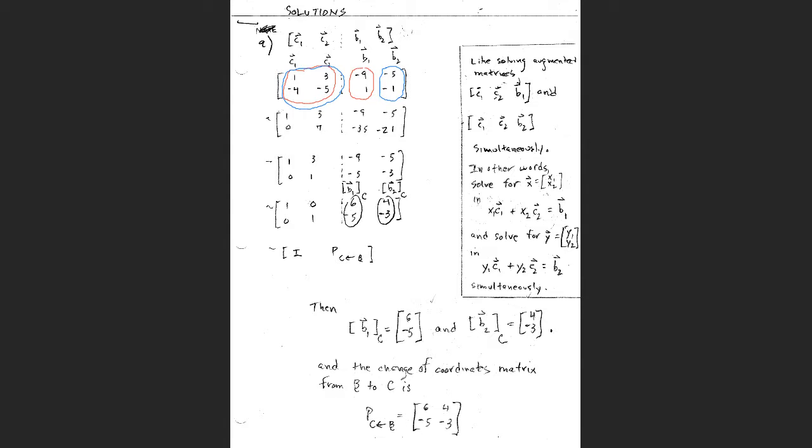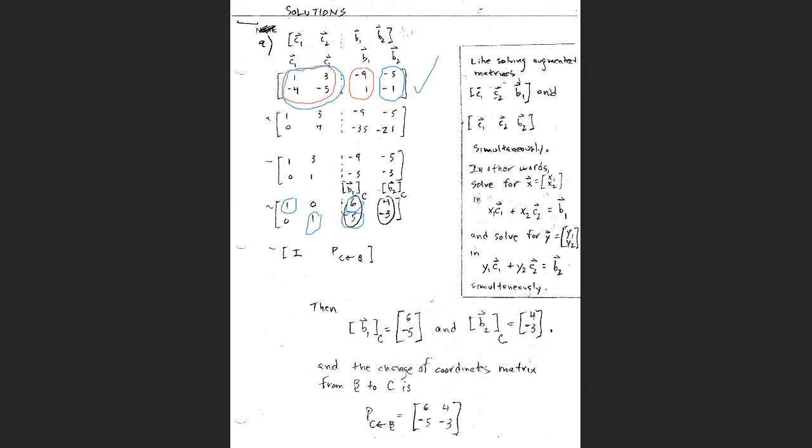So you're simultaneously finding both. I could have solved two separate systems of equations, and that would be fine. But there's nothing wrong in this case with setting it up this way, because on the left-hand side, when you're done with your row operations, we have x1 equals 6 and x2 equals -5.